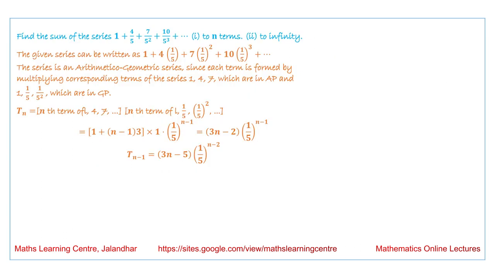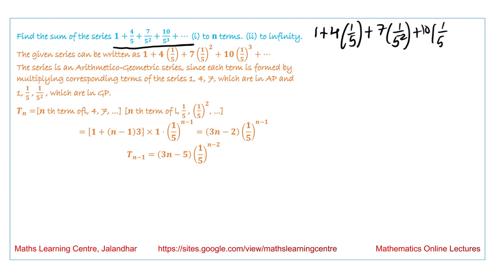Now next we have certain problems based upon these formulas. First, we have to find the sum of this series. This is an arithmetic geometric series. How? It is 1 plus 4 into 1 by 5 plus 7 into 1 by 5 square plus 10 into 1 by 5 cube and so on.